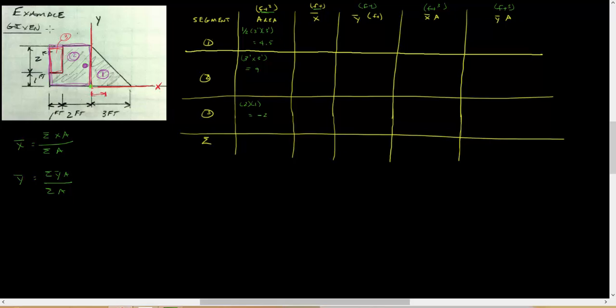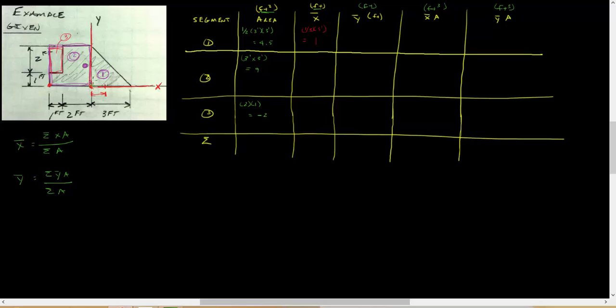Now, if my axis was way over here, the distance would be from the y-axis out here to here, but we have my y-axis here. So, this we know is 1/3 times 3 feet, which is going to be 1 foot from the y-axis.